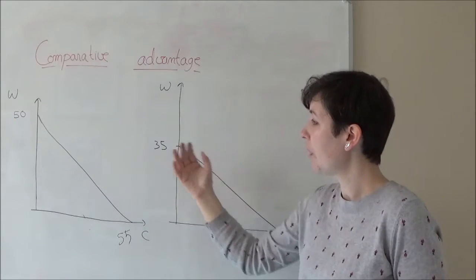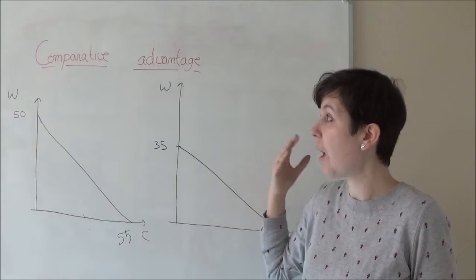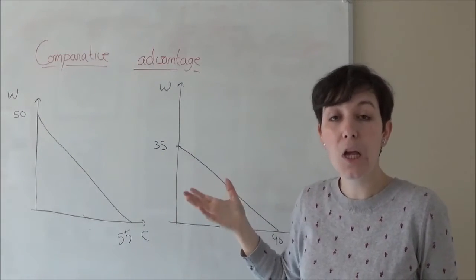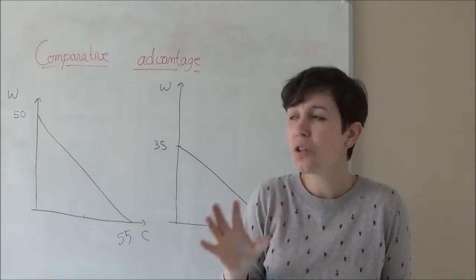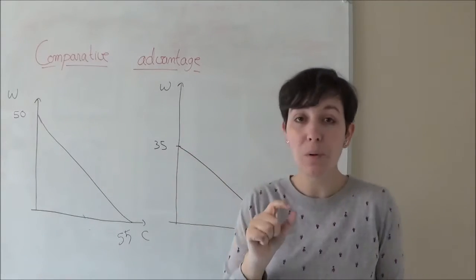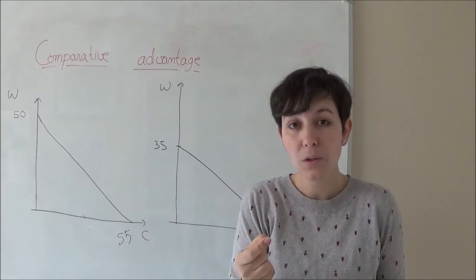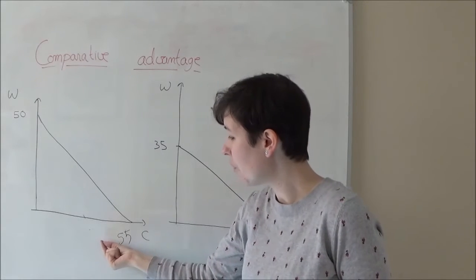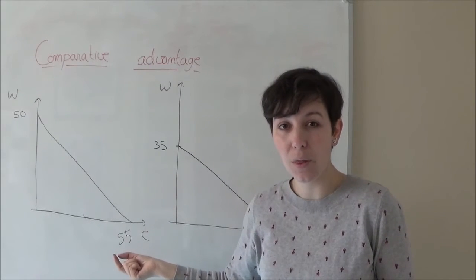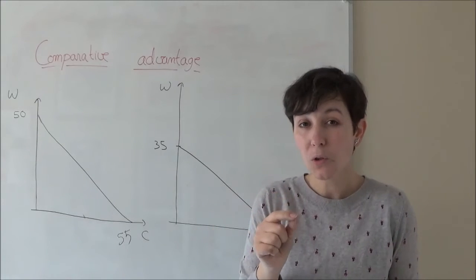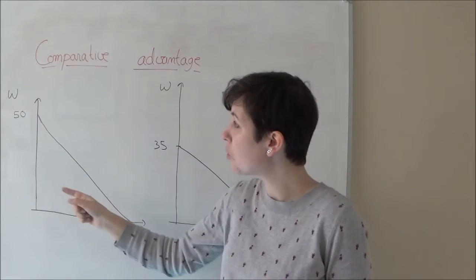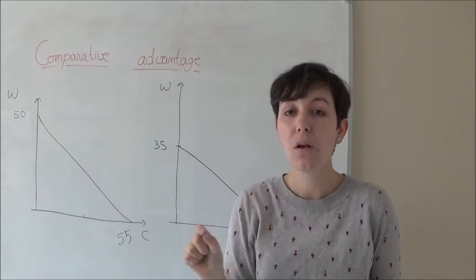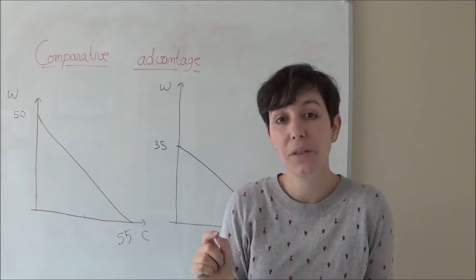Of course, the comparison between countries, like in the absolute advantage, 50 versus 35, that was in absolute terms, but the comparative advantage is not just looking at the two economies, but also how good you are at producing something in terms of the opportunity cost, so in terms of the reduction of the production of the other things. So, a lower opportunity cost means that if I want to produce more wine, for instance, I have to give up a small amount of cheese production.